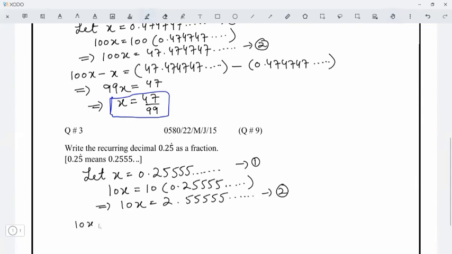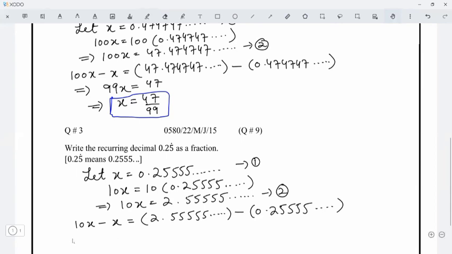10x minus x is written on the left hand side. What is written on the right hand side? It is 2.555 and again 5, with 5 written 5 times, and so on, minus 0.2555. What is the answer in this case?